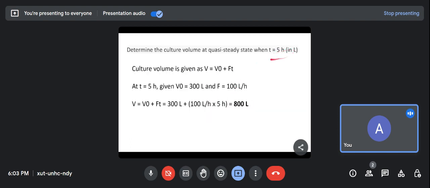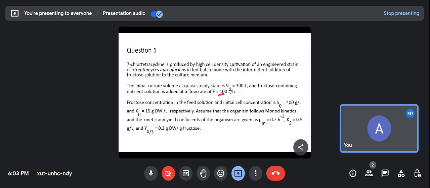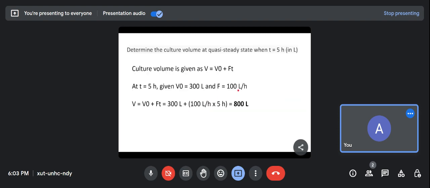So the time given to you is 5 hours. So after 5 hours you have 500 liters plus the initial 300. So you have 800 liters of media or culture volume at quasi steady state.